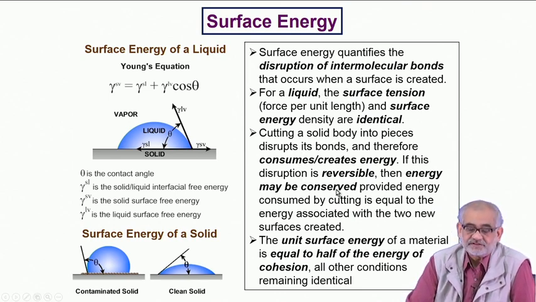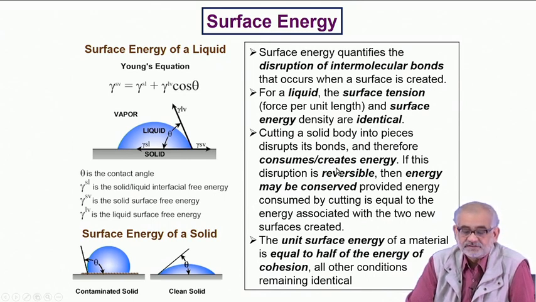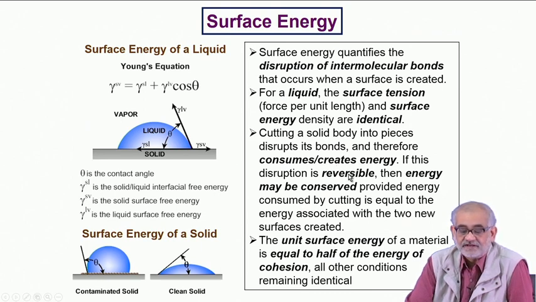Now, as I was trying to explain, if you cut across a solid, then you create a disruption, and across the section you have unsaturated bonds, and the cumulative effect of these unsaturated bonds gives rise to what is known as surface or interfacial energy.